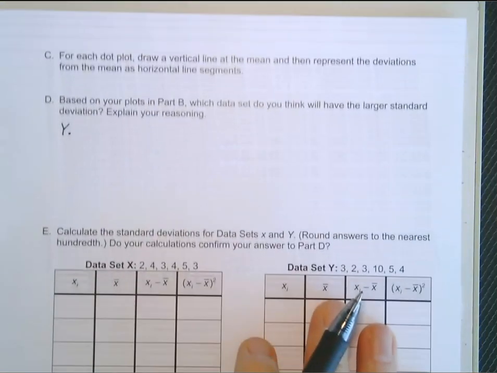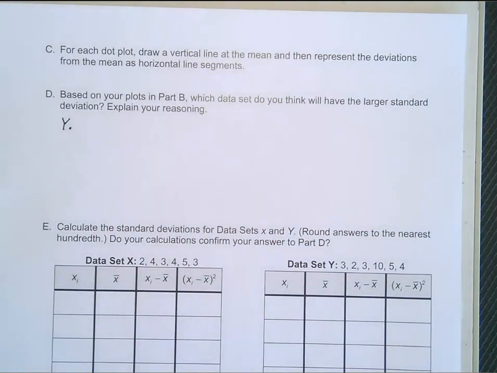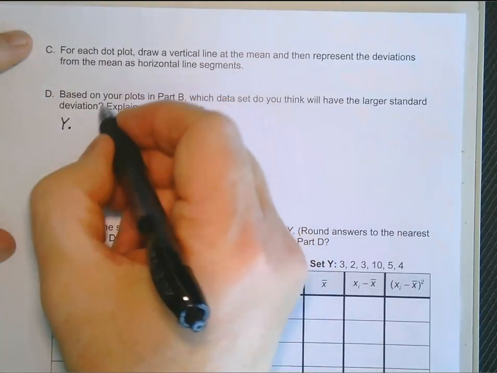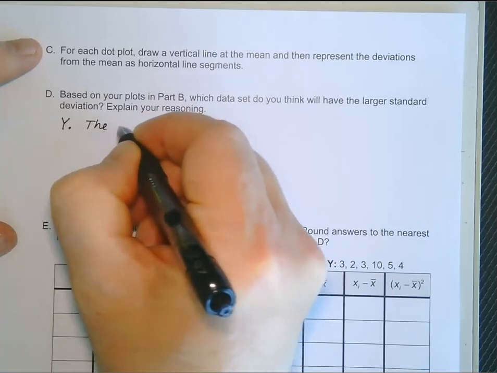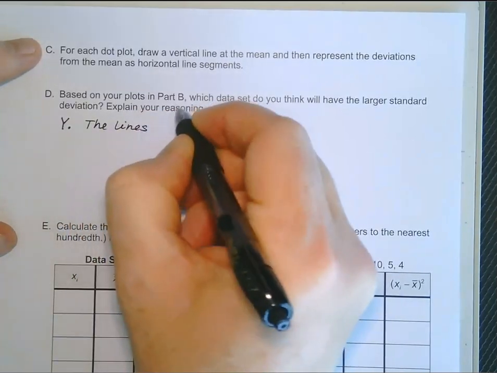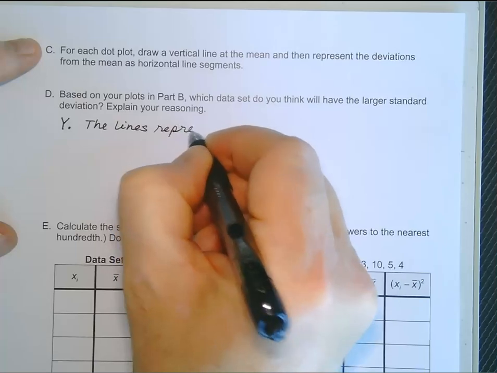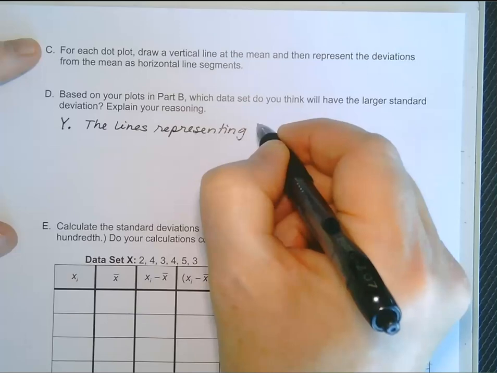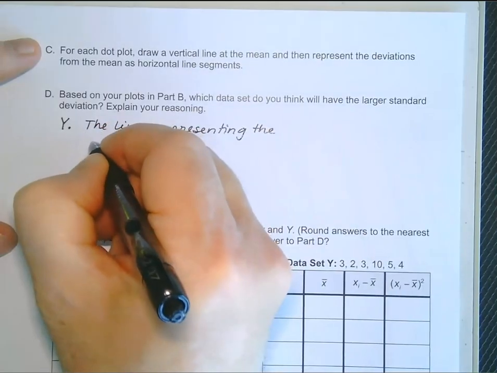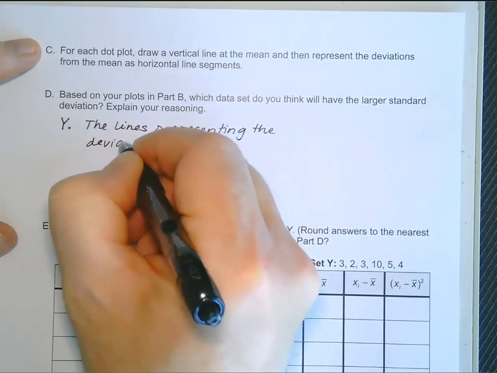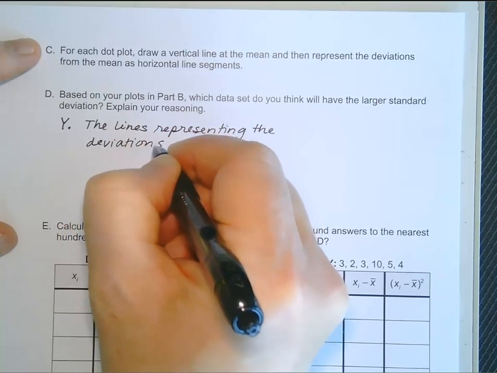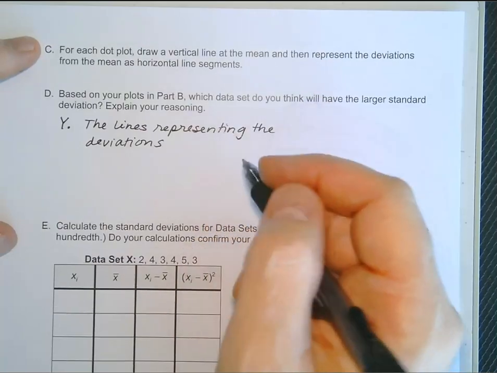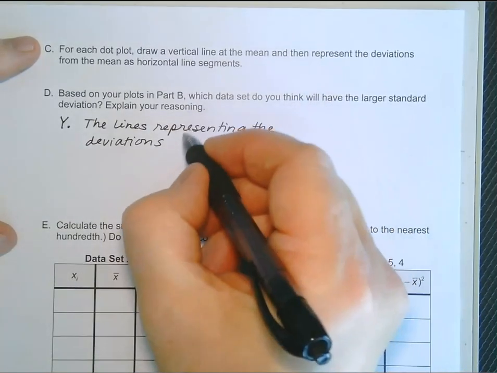Okay, so let me just take this off and I'm going to say the lines representing the deviations from the mean, right, the deviations from the mean are longer in y than x.